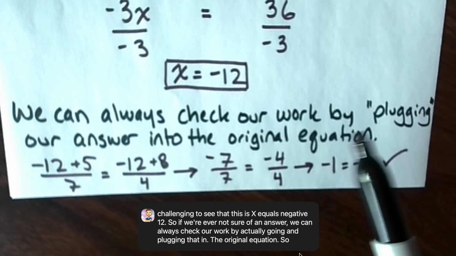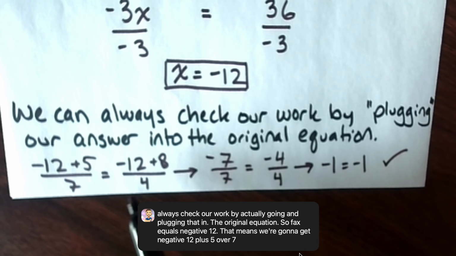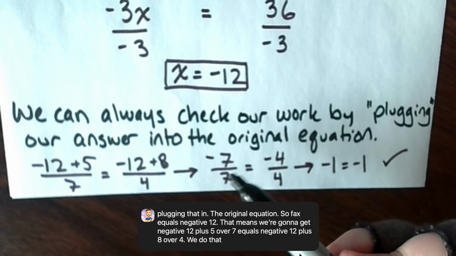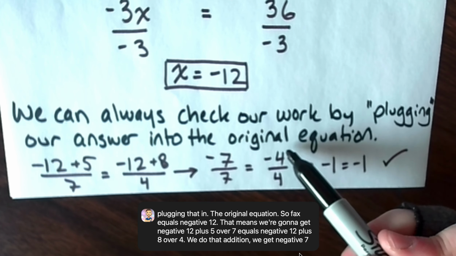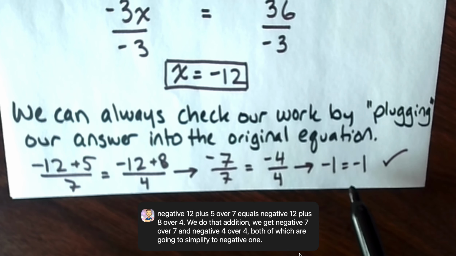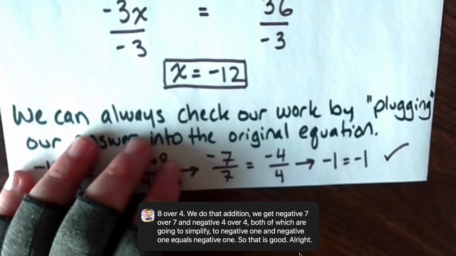If x equals negative 12, we get negative 12 plus 5 over 7 equals negative 12 plus 8 over 4. We do that addition, and we get negative 7 over 7 and negative 4 over 4, both of which simplify to negative 1. And negative 1 equals negative 1, so our answer is correct.